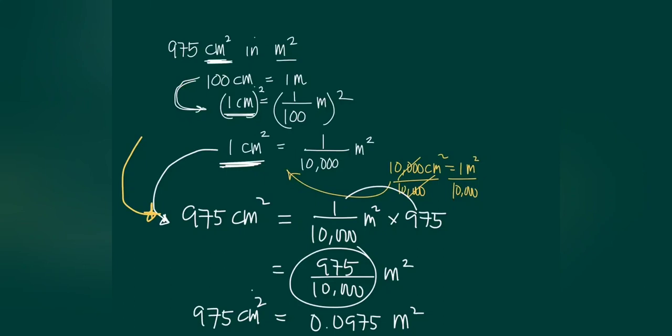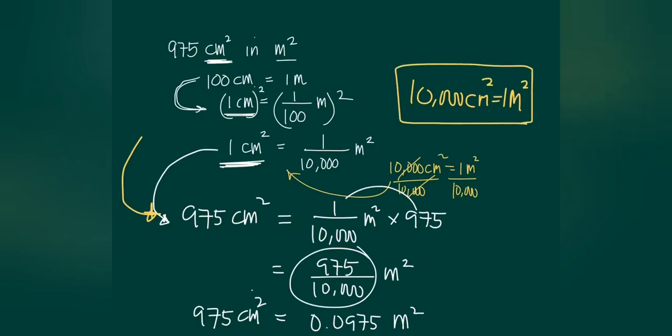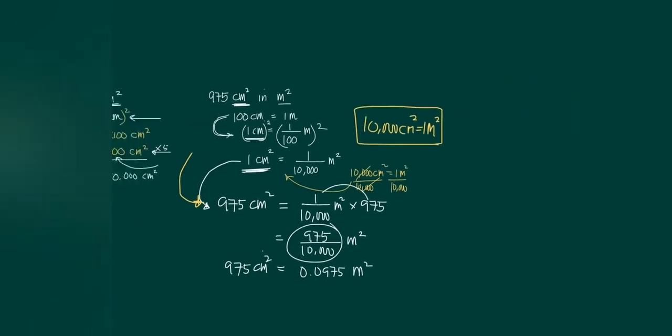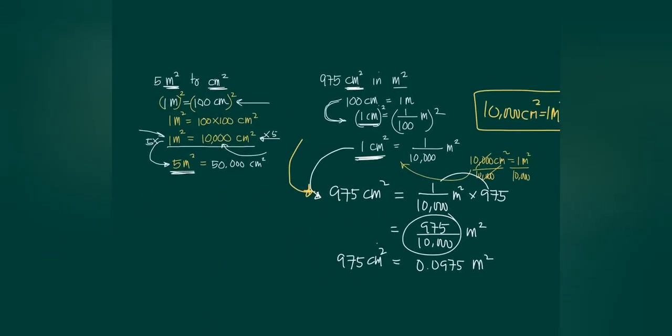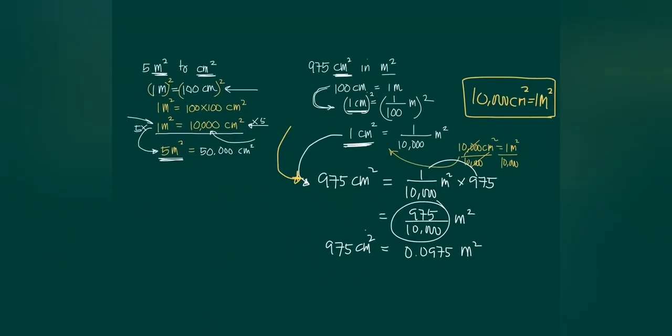Remember, 10,000 cm squared is equal to 1 m squared, and you can do a lot of conversions from this. Just to summarize what we have covered here, we converted m squared to cm squared and cm squared to m squared. Some examples are given for you to understand. Okay, so that's it.